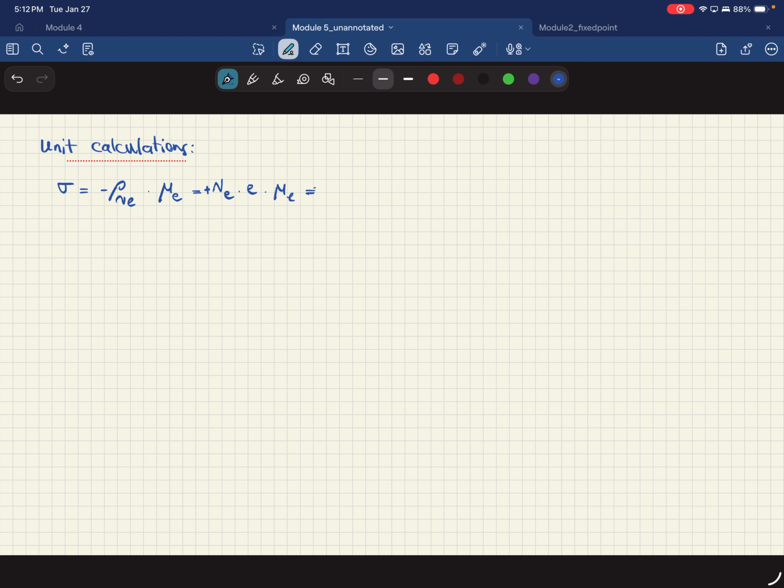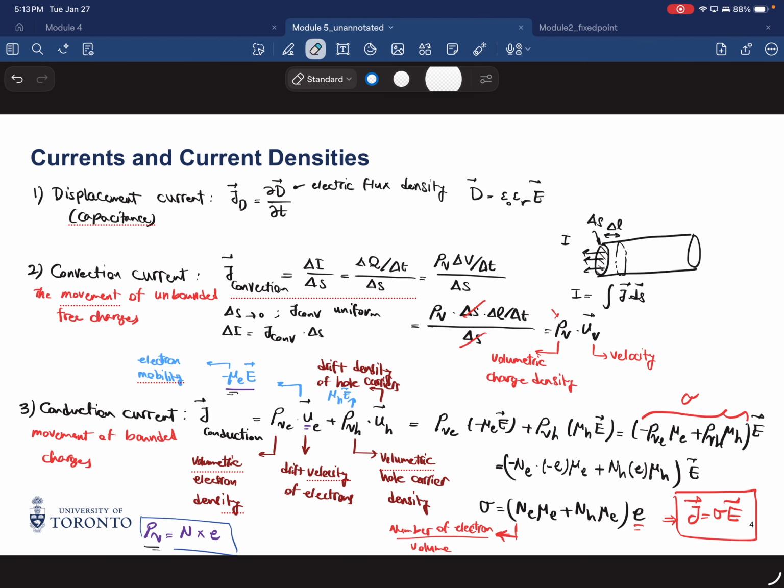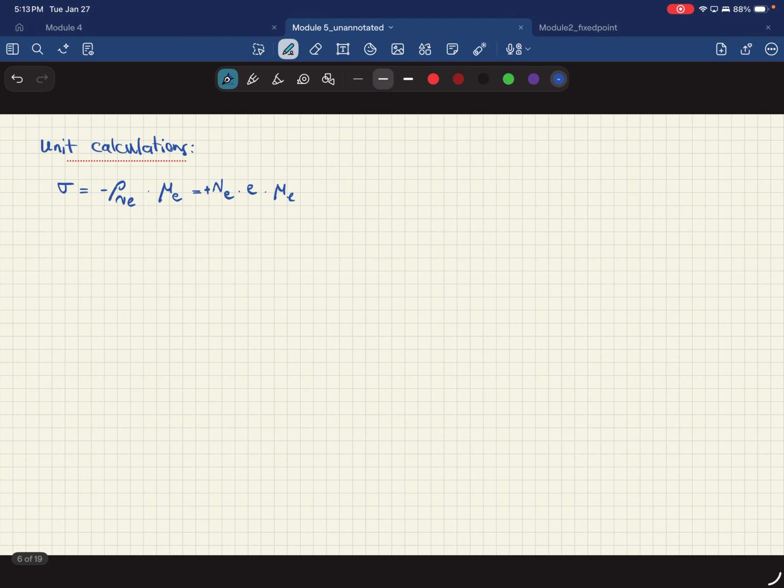Or in another way, there's another way to say this, and that is that J is sigma... sorry, my brain is short-circuiting. What I wanted to say was this one: mu E, UE, the velocity of the electron, okay?